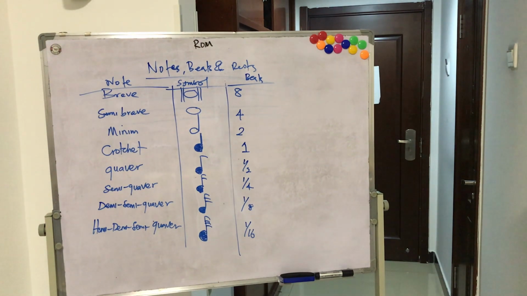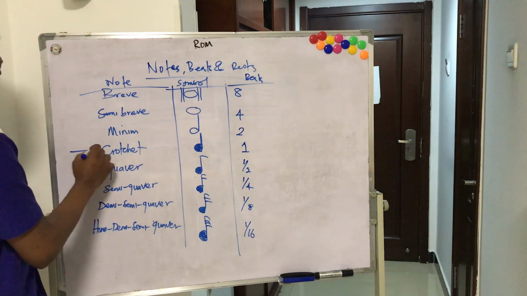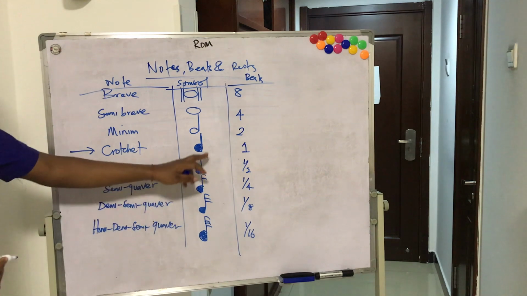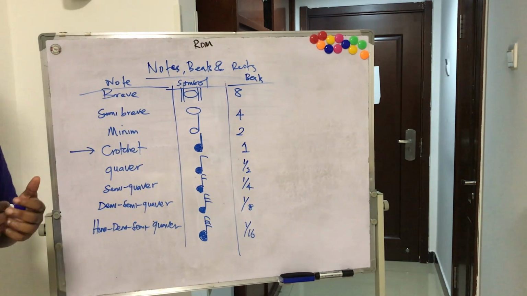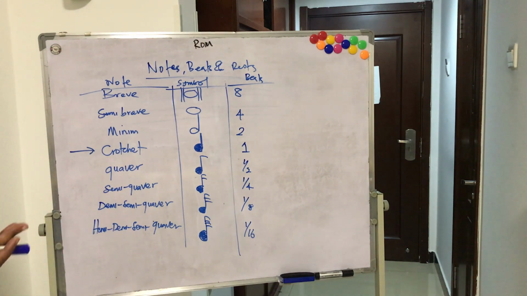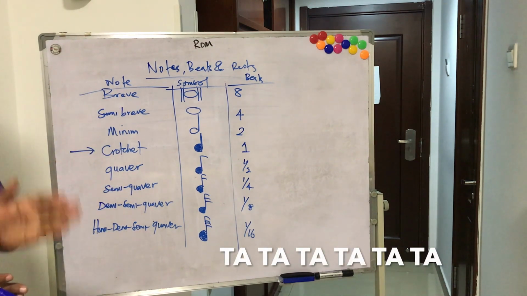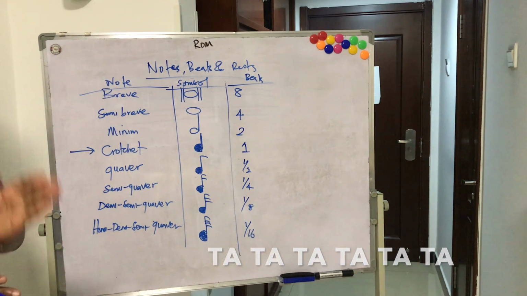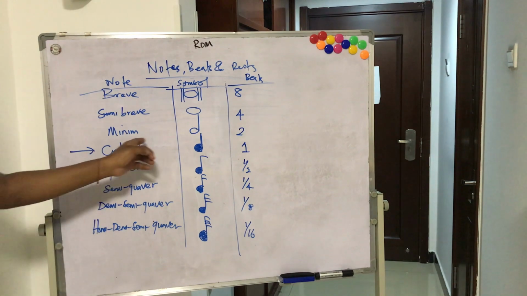So what does this mean? Crotchet is 1 beat. This is the focal point. I think this is the most commonly used note. Now what's 1 beat? This is it. If I start counting like this, ta, ta, ta, ta, ta, ta, this is 1, 1, 1, 1, 1, 1, continuously like that.